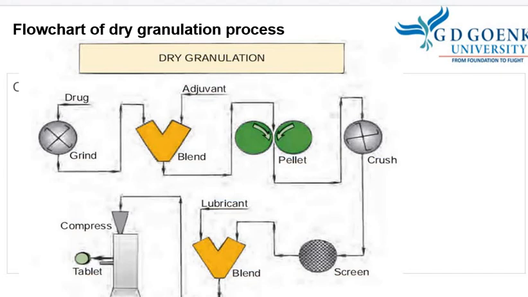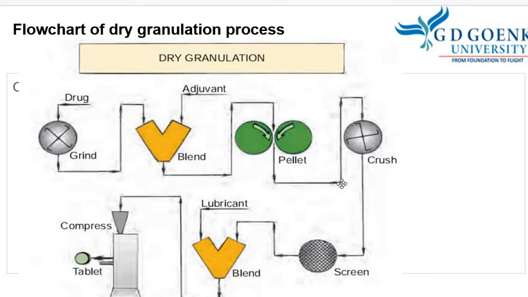This is the flow chart for the dry granulation process. The drug is ground if required, then blended with a diluent and disintegrant. Thereafter, they are slugged or compacted to thin, long biscuits or films.